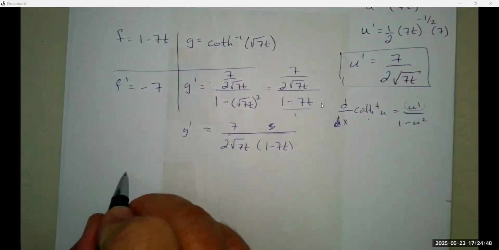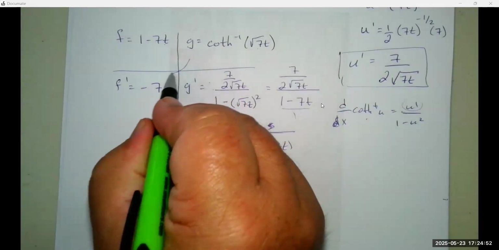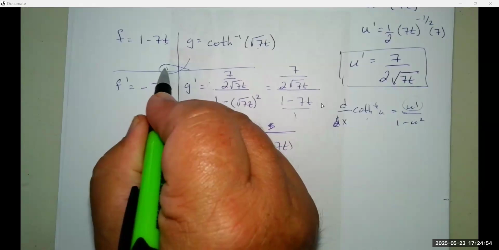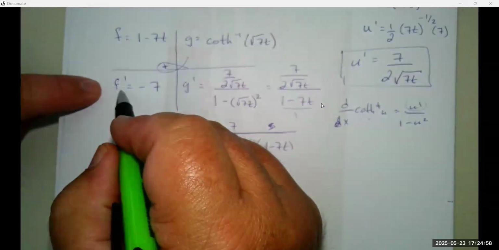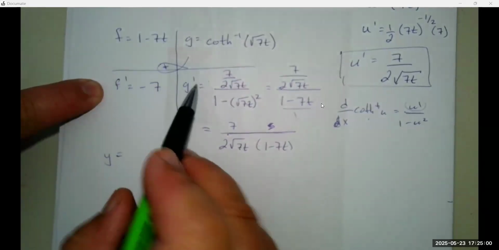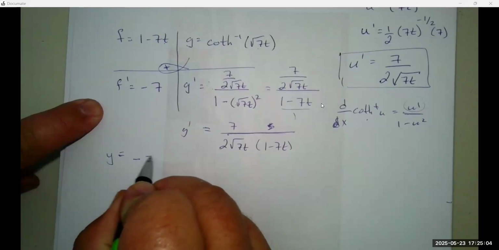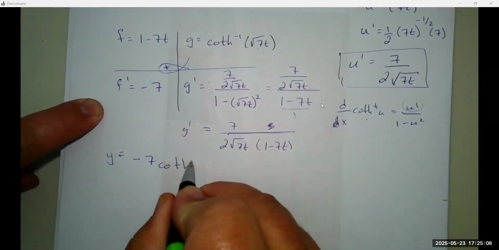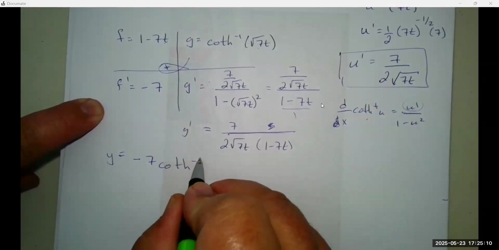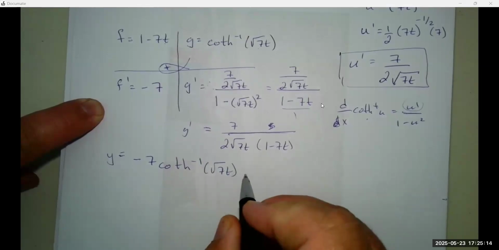So the derivative is start from here, and since it's a product, we use a plus sign. So we take g prime f plus f g prime. So we have negative 7 times inverse hyperbolic cotangent of square root of 7t.